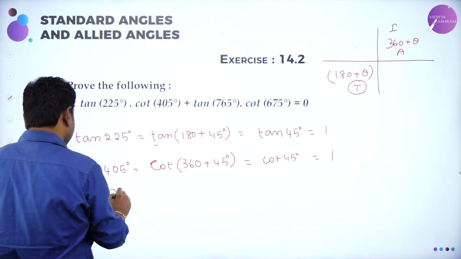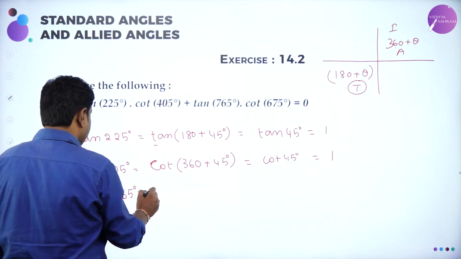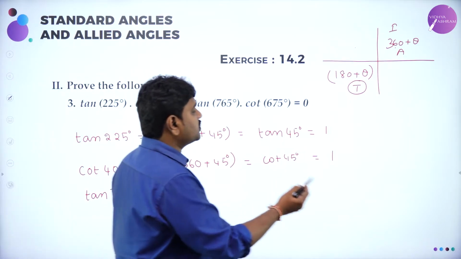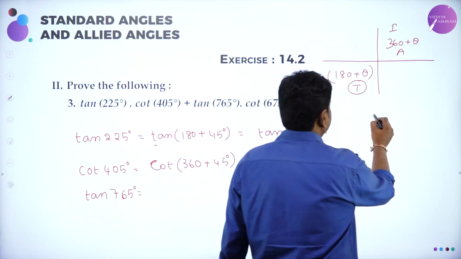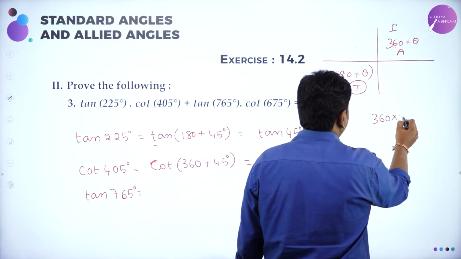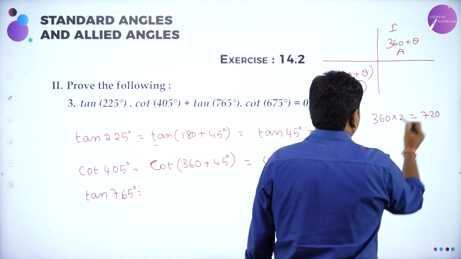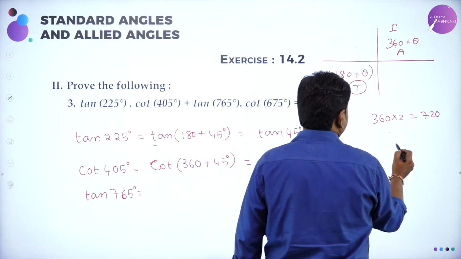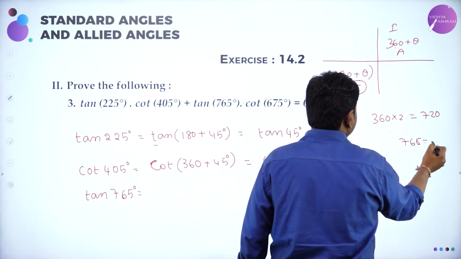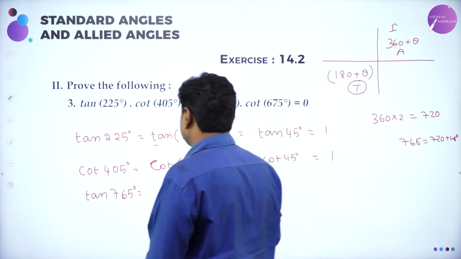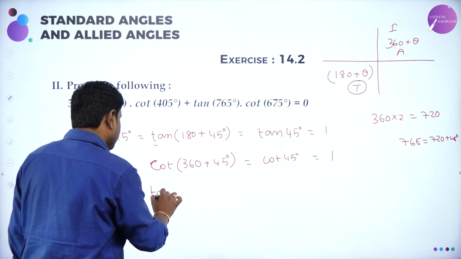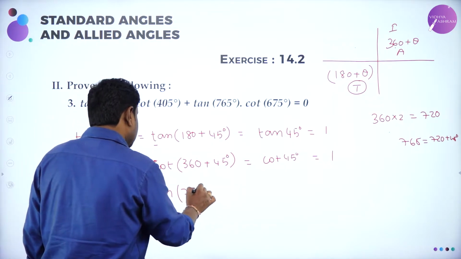Tan 765 degrees. See, 765 is very far from 360, so we take multiples of 360. 360 into 2, if you do, it will be 720. So the value 765 is near to 720. 720 plus 45. So dear students, I can write this as tan of 720 plus 45.